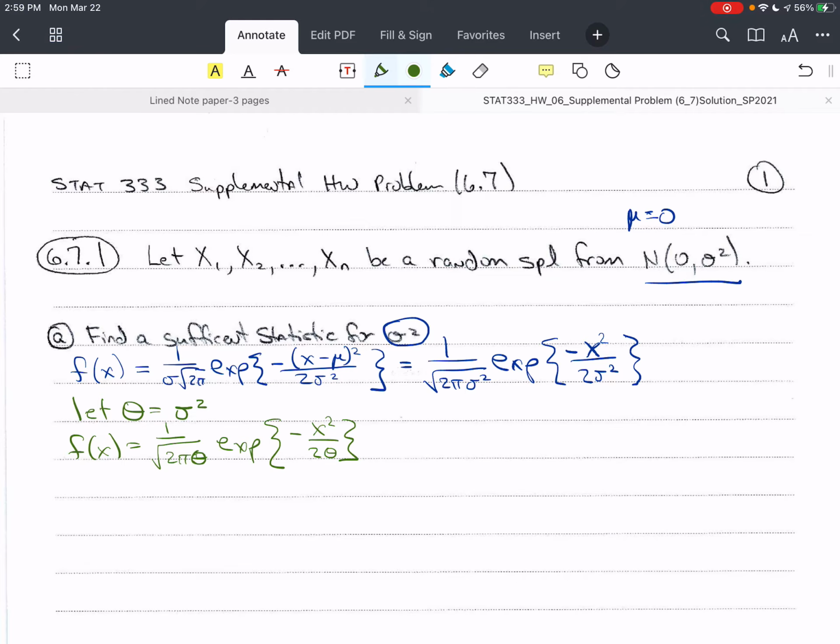Now, when we use this for our likelihood function in part B, it's going to be a lot easier to handle. Okay, so we might as well start from the start, but you don't have to.